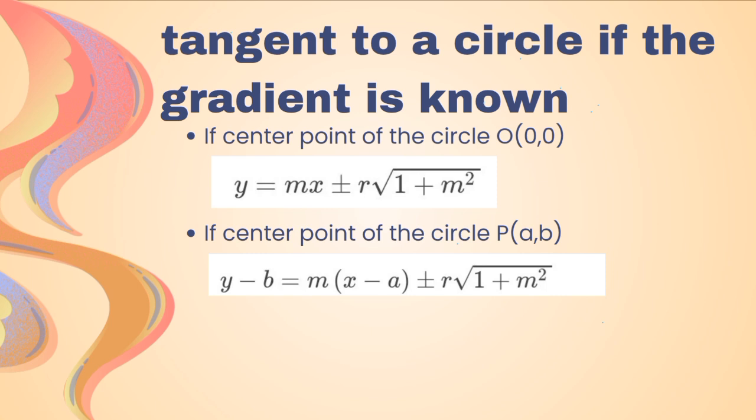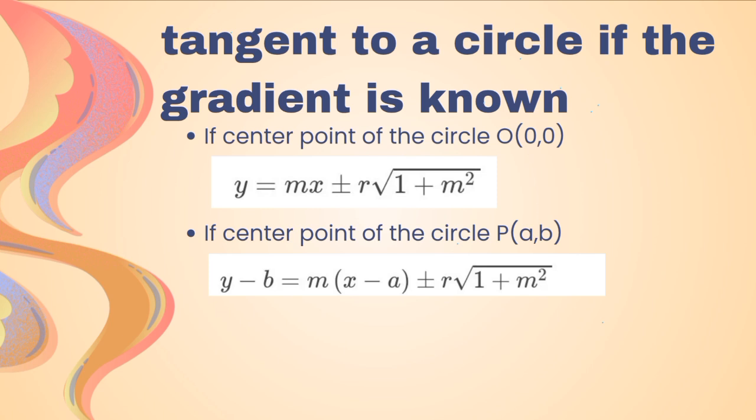If the center point of the circle is P a, b, y minus b equals m times x minus a plus or minus r times square root of 1 plus m squared.